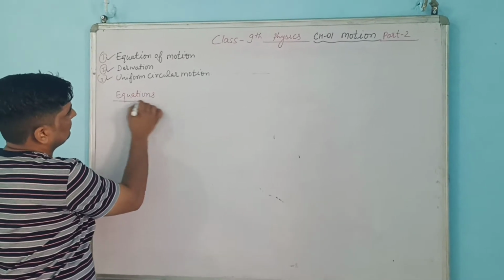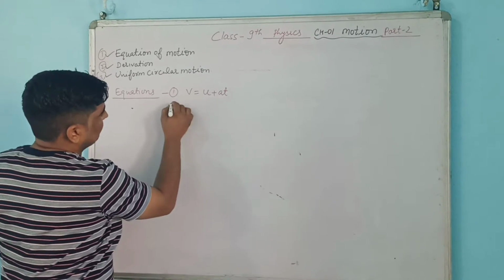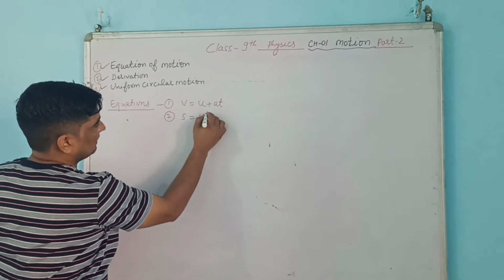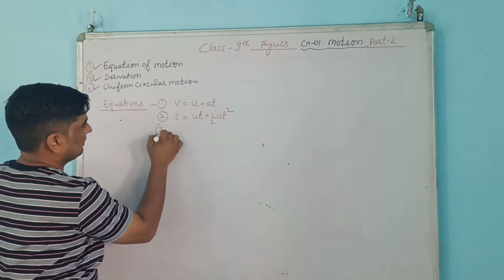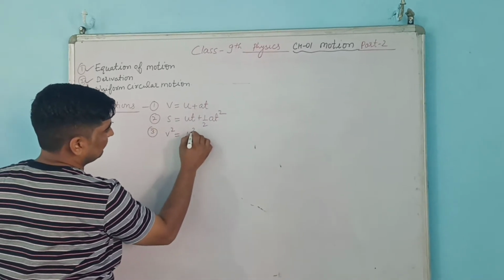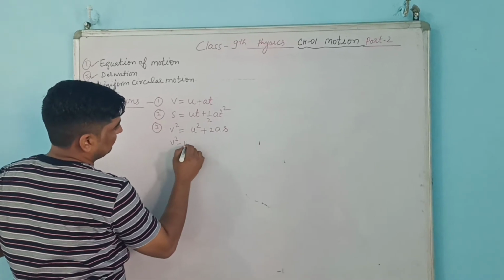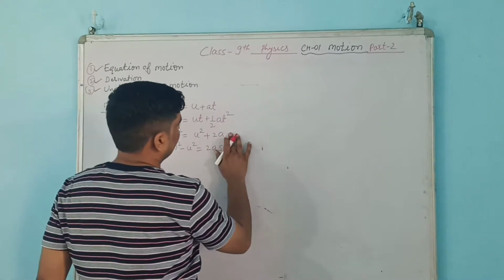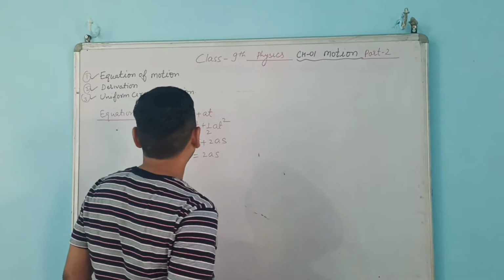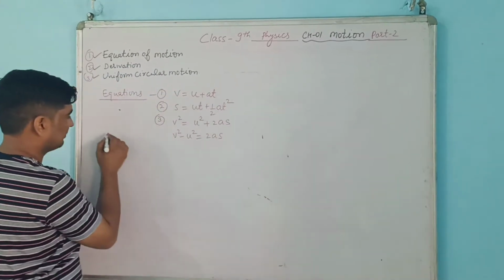What are the equations? First one is v = u + at. Second one is s = ut + half at square. Then the third one is v square = u square + 2as, or you can say v square minus u square = 2as. Here we will be using capital S. First you should know what is v.